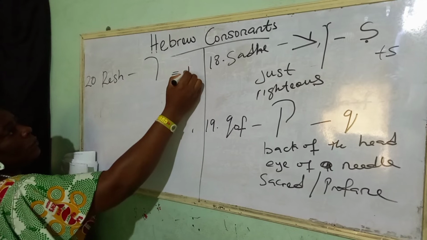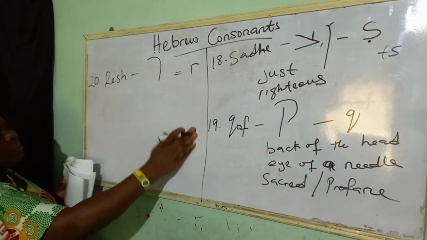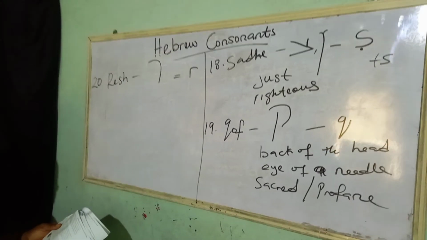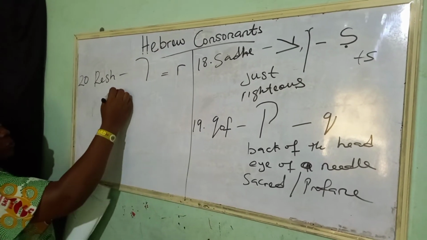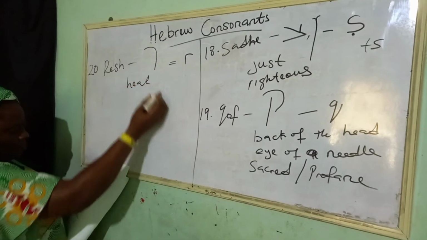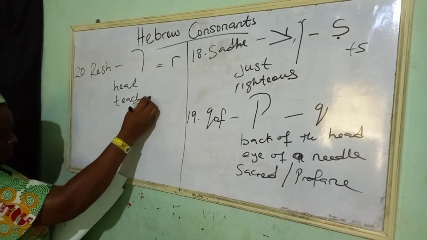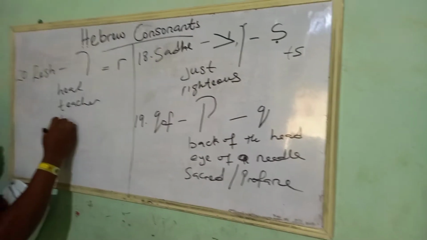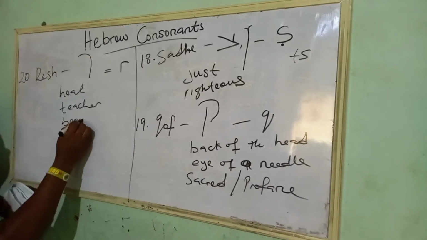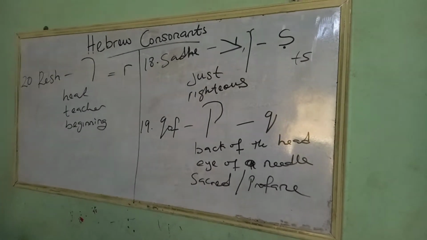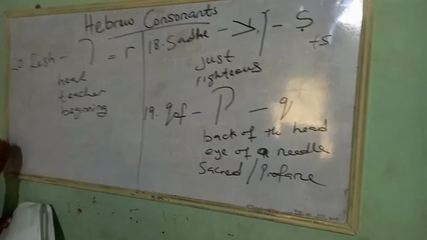And the English equivalent is R. It's translated as R. It means also head, means teacher, and also beginning. That is the letter Resh.